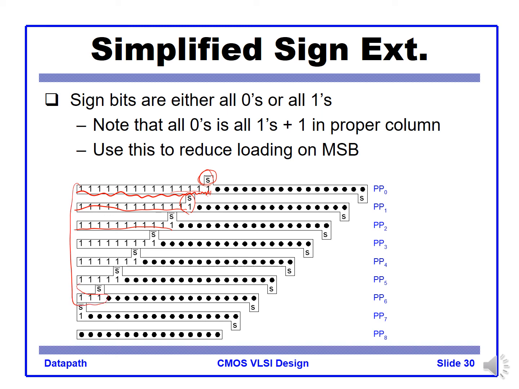For example, if the sign is 1, then S bar is 0, and 0 and 1, 1, 1, 1, 1 is the same as sign extension, right? If S is 0, then this is 1, and 1, 1, 1 plus 1 becomes all 0. So it's the same as the sign extension. So sign extension can be simplified by this simple logic operation.